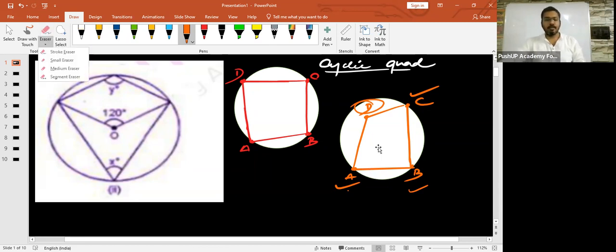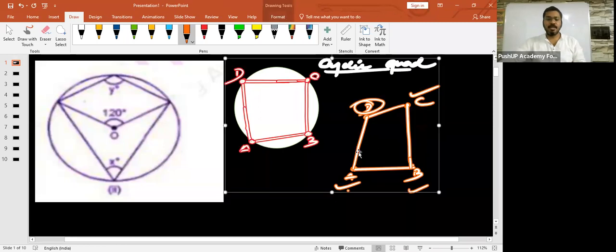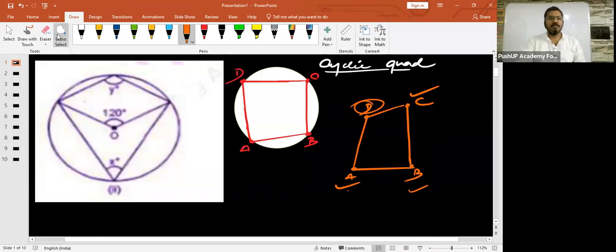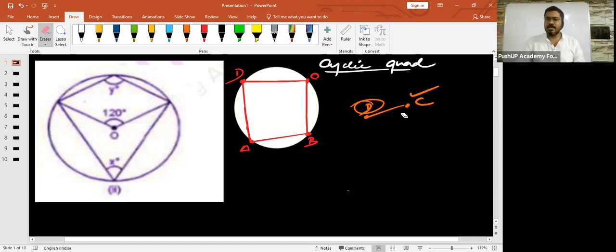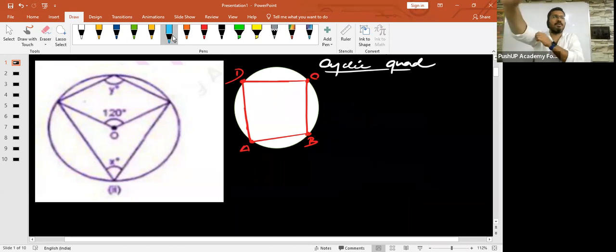Now, children, I am going to teach you the property associated with the cyclic quadrilateral. Can somebody tell me what it is before I even teach? Just by recollecting what you learned in school. Opposite angles are supplementary. Very good. That is the first property which you need to learn regarding a cyclic quadrilateral. Now, children, I'll give you an example and teach you.